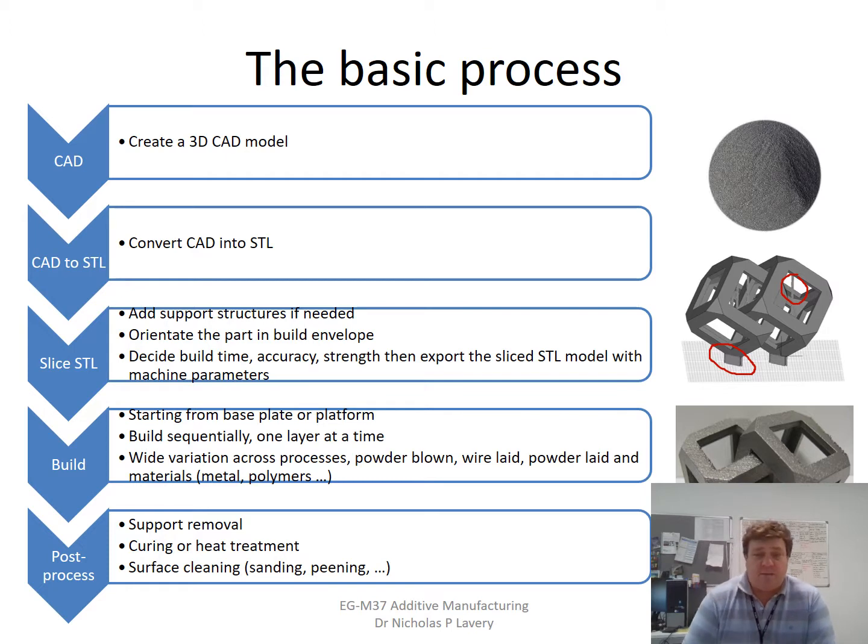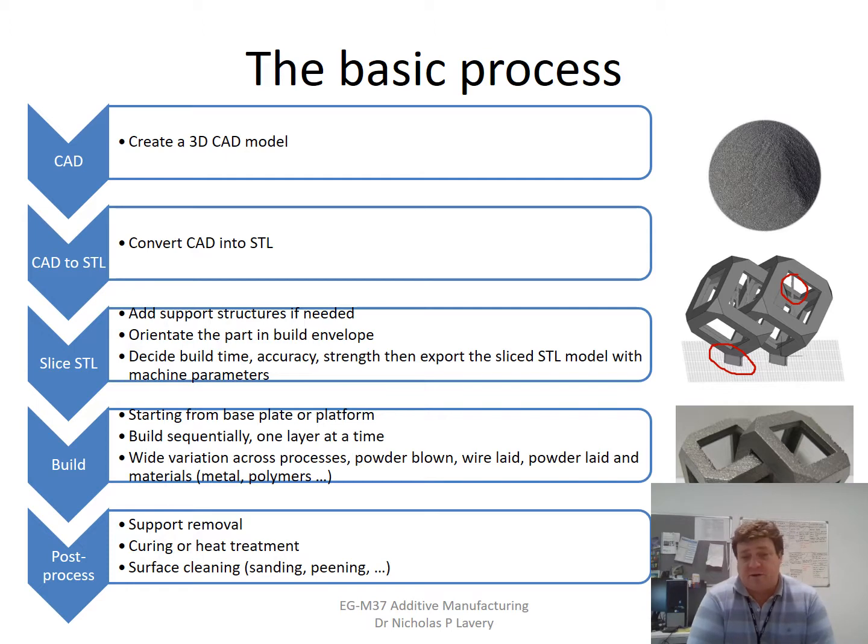We need to orientate the part within the build envelope to ensure proper build and maximize the yield from the entire build. We also get the choice of deciding on the build parameters, so the laser speeds and the laser powers, and all the material and machine properties that we've discussed at length in the process control.